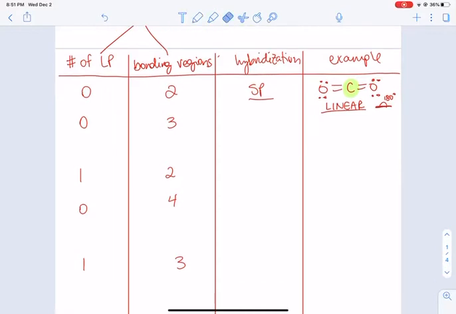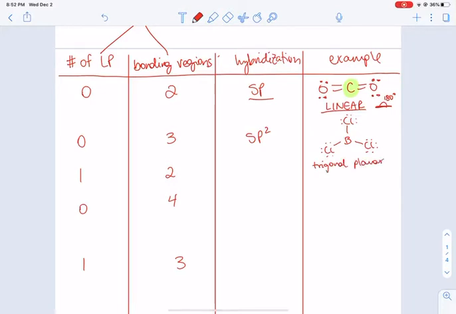Now the next example would occur when there are 0 lone pairs, 3 bonding regions. This is an example of an sp2 hybridized atom. And an example of that would be BCl3. Okay? This would be an example of trigonal planar.